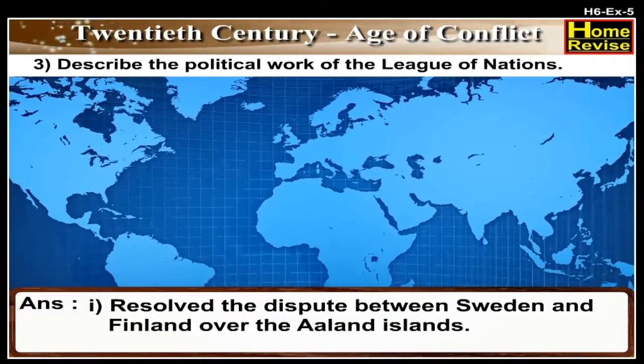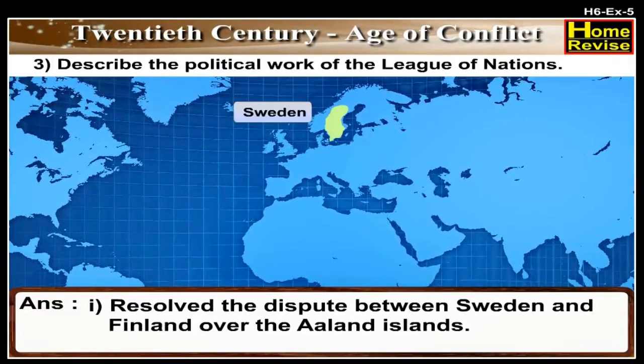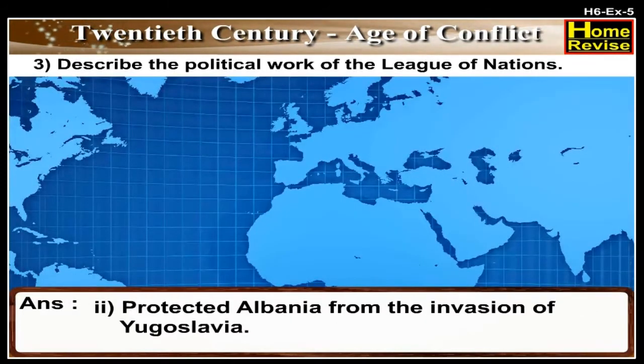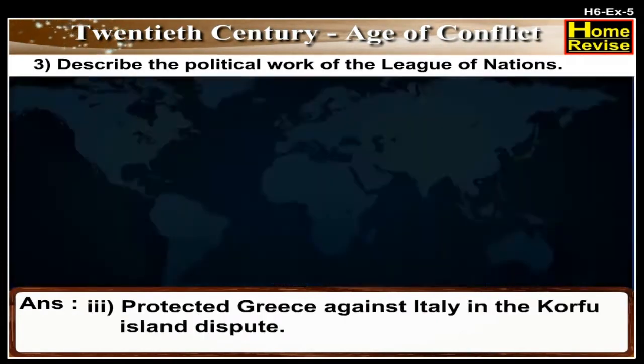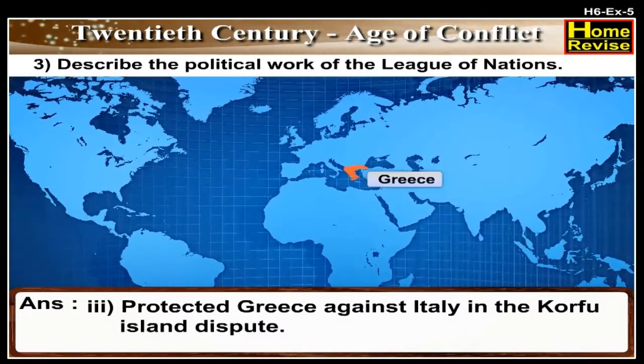First, resolved the dispute between Sweden and Finland over the Åland Islands. Second, protected Albania from the invasion of Yugoslavia. Third, protected Greece against Italy in the Kaifu Island dispute.